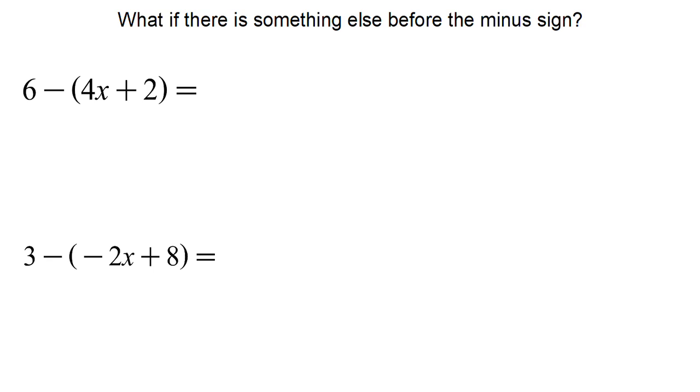So we're still just distributing the negative sign to everything in here. And that 6 in the front isn't going to change. It's going to be 6. And then when I take the negative 1 that we're looking at here and distribute it to the 4x, we get minus 4x. And when I take that negative 1 and distribute it to the 2, we're going to get negative 2.